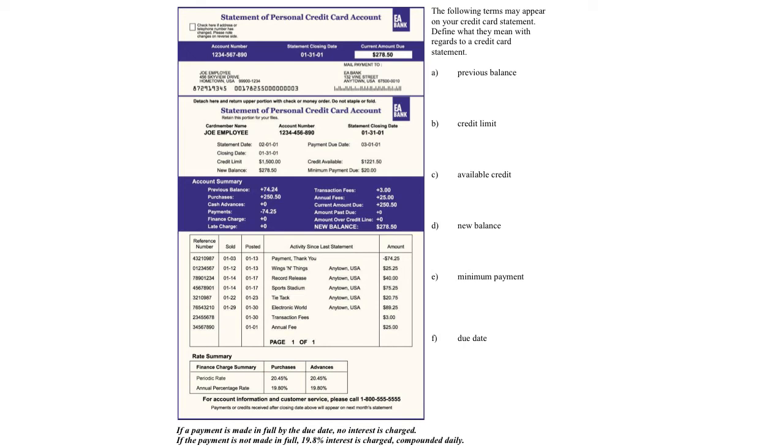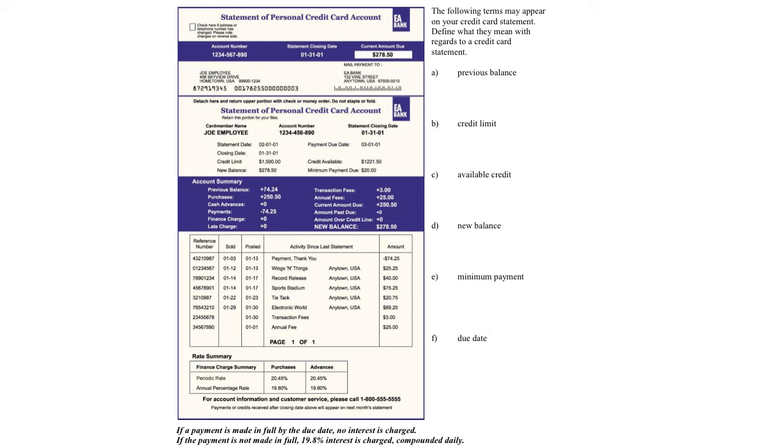So you have to be careful with the due date, because it doesn't necessarily mean that's the day you did the online banking, because sometimes it takes a little while for the transaction to go through. So this is the day that the credit card company needs to have the money. So it's a good idea to pay your credit card bills before the due date, just to make sure that the credit card company gets it in time.